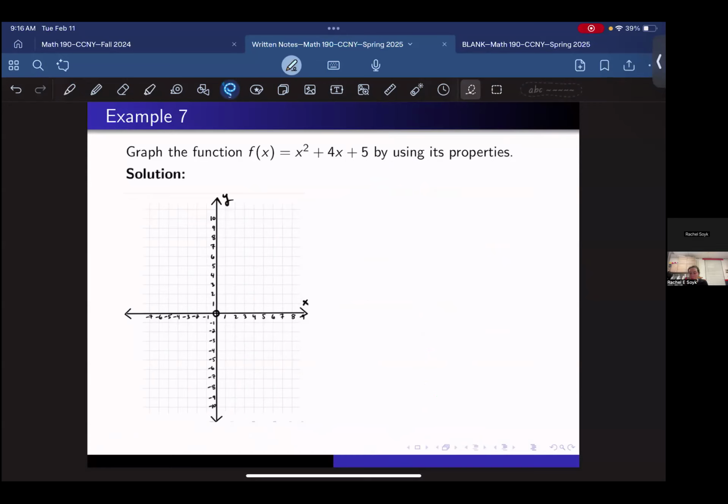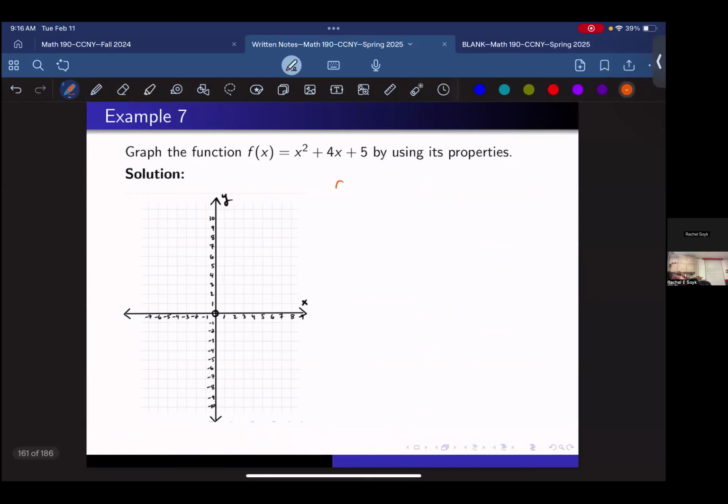All right, so now for our example 7, we have this quadratic function: f of x is equal to x squared plus 4x plus 5. We go through the same process all over again.